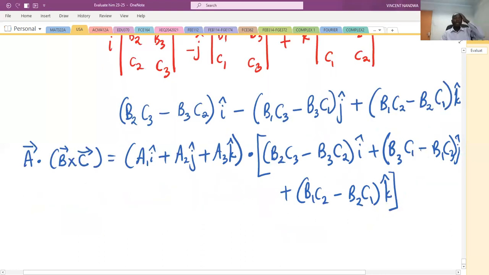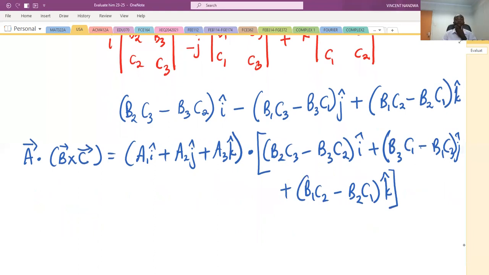And then the dot product is simply the sum of products of i components, and then j components, and then k components.